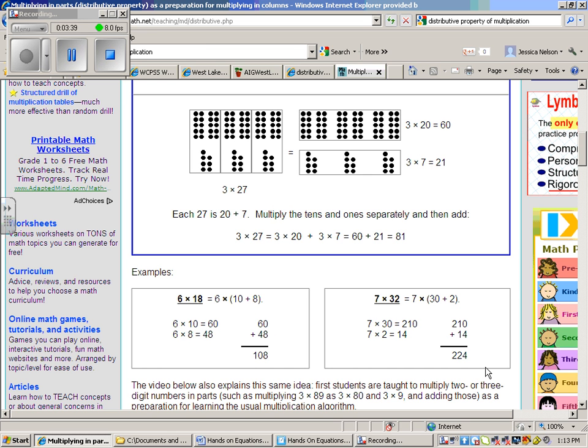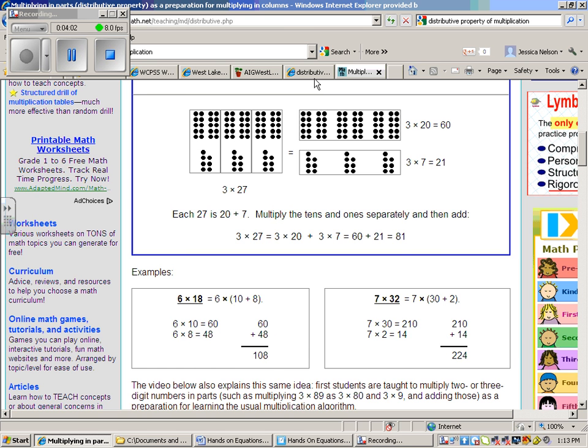The distributive property over addition is really helpful when you're solving mental math problems, because it helps you break down these larger numbers to multiply into smaller numbers that are easily multiplied in your head. Because I can easily multiply 7 times 3, know it's 21, and add the 0 to get 210.